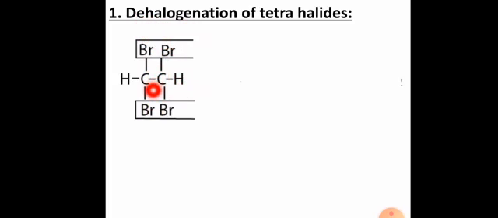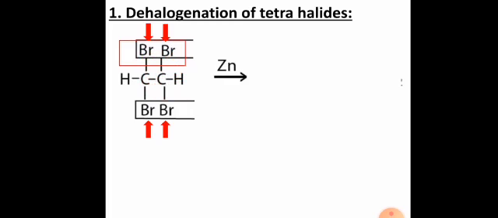We know that if we want to remove something, we have to remove it from adjacent carbon atoms. You can remove this bromine or this one, the choice is yours. I'm going to remove the bromines that are on adjacent carbon atoms, right?